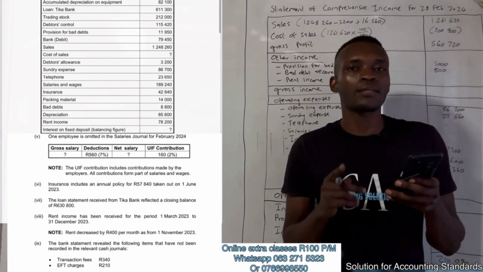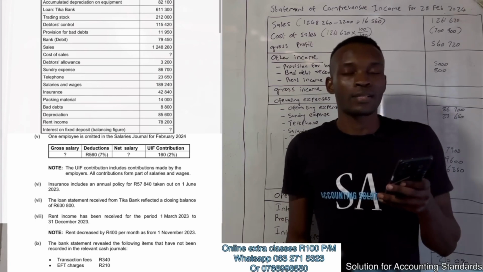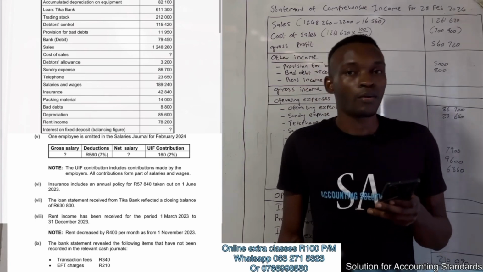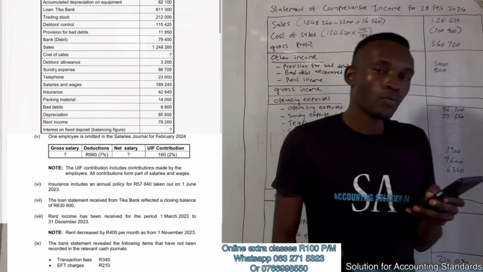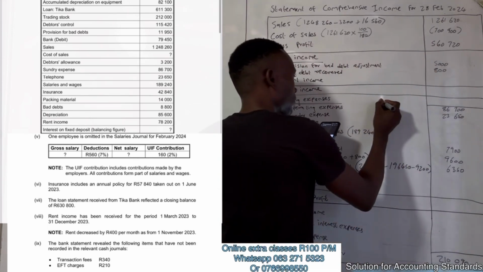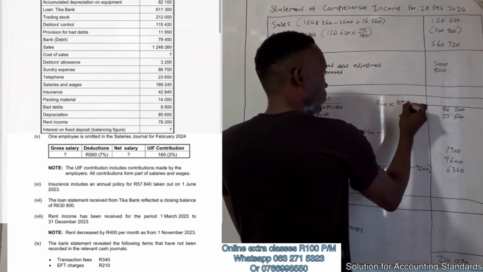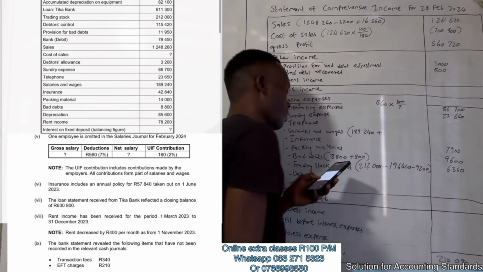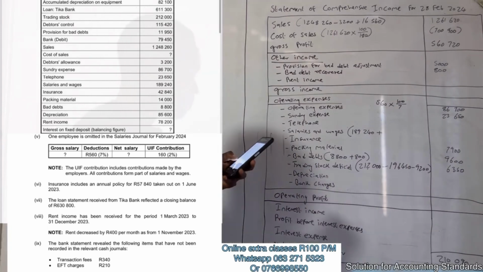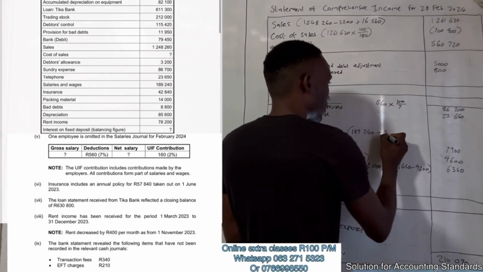But it's easy because they give us that the deduction was 560, which is 7% of the gross. Okay, we must use a reversal method to calculate this one. 560 multiplied by, we are looking for the original amount and we have 7%. If you do this calculation, guys, you are going to get an amount of 8,000.